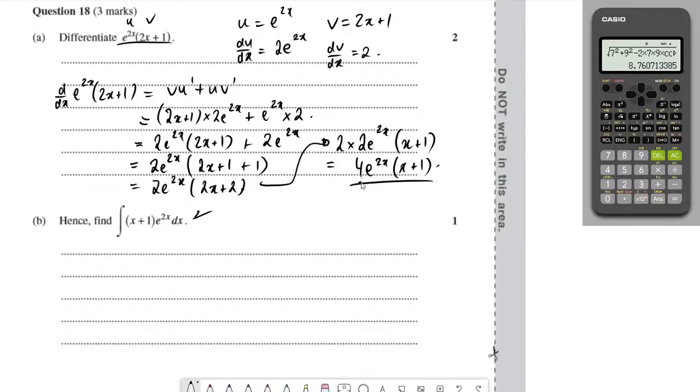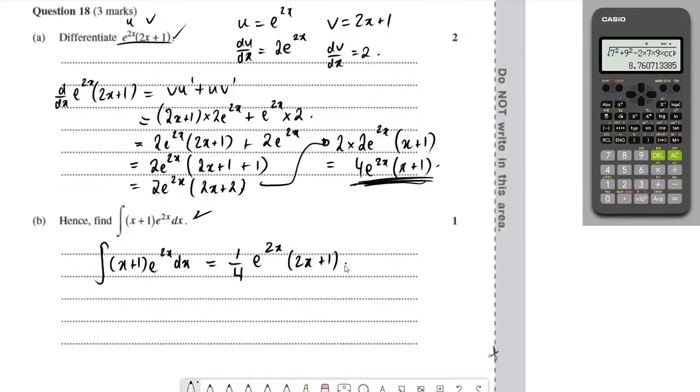So if I want to integrate this function, so this one here, I'll end up back at this value here. The only problem is I'll have a fourth of what I originally have. So simply put, the integral of x plus 1 e to the 2x dx is equal to, well, if this one is 4 more, and it gives me that, then I need a fourth of the function that I started with, okay?